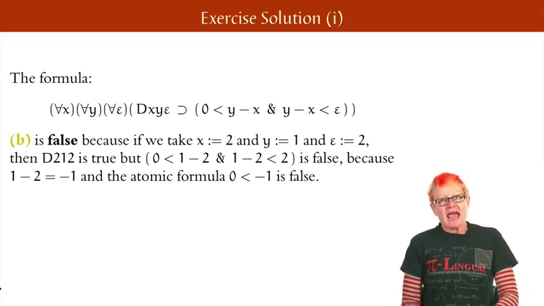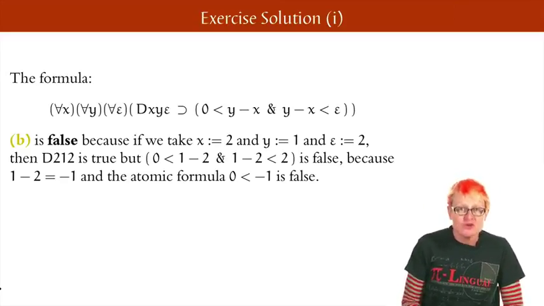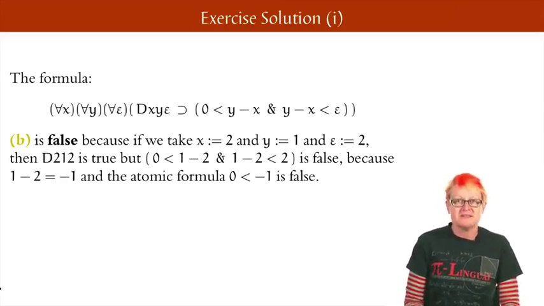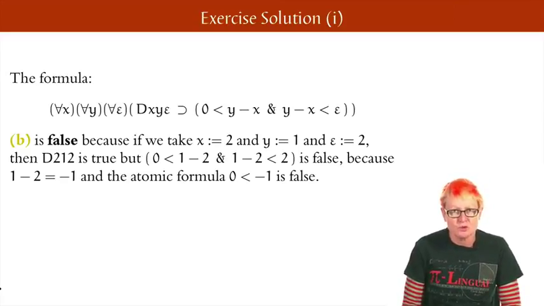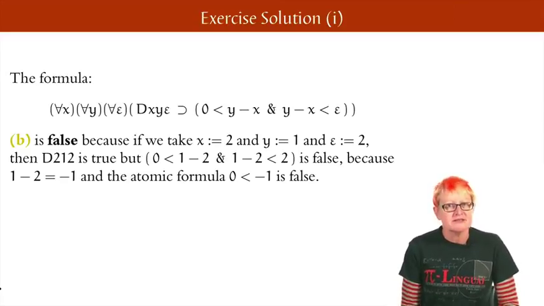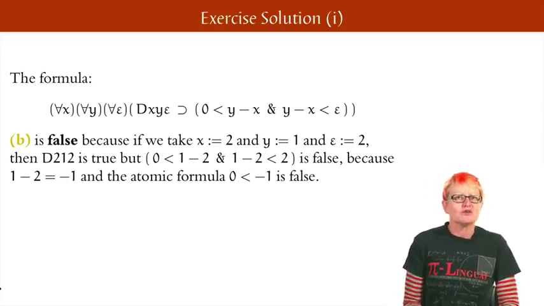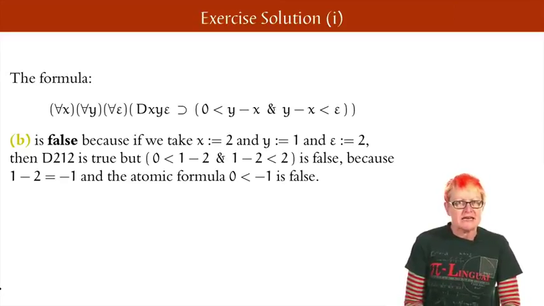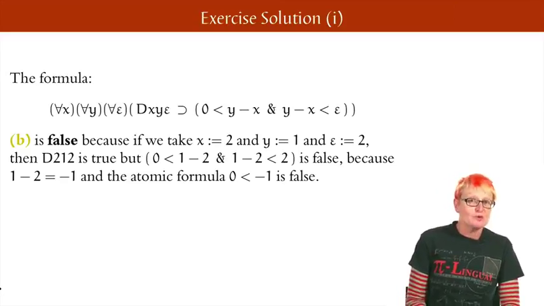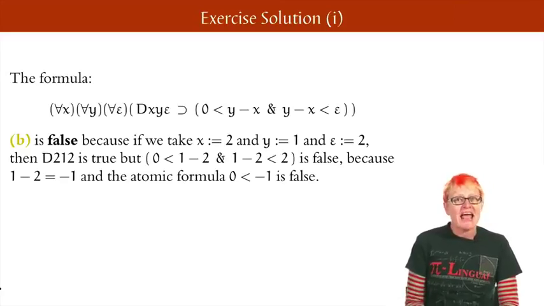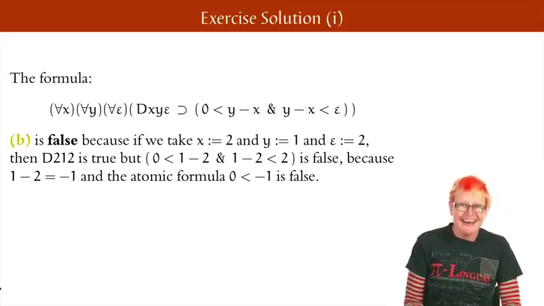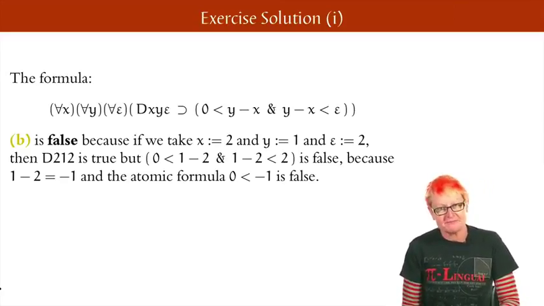So we can take epsilon as 2 and get a true atomic formula, d(2, 1, 2). But this instance of the consequent is false because y minus x is 1 minus 2, which is minus 1, and 0 is definitely not less than minus 1.